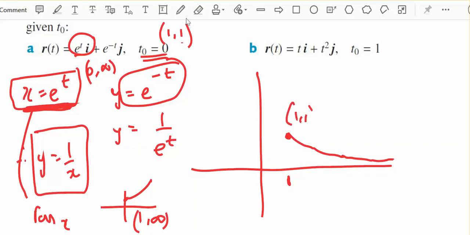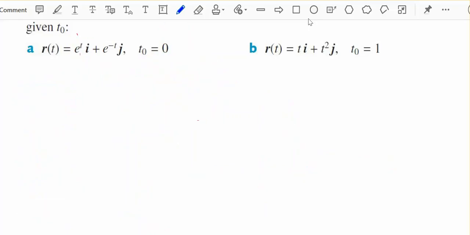And that's at 1, 1. And the range of e to the minus t would be 1 to 0, so 0 to 1, and it's inclusive of the 1, but not of the 0. So therefore, that's going to be my graph.